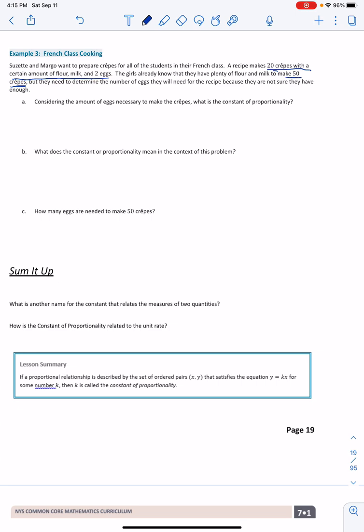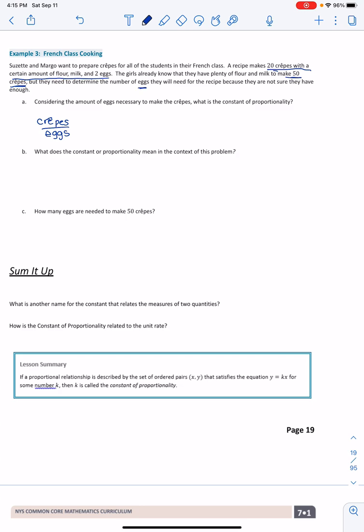Consider the amount of eggs necessary to make crepes. What is the constant of proportionality? Well, notice what it says up here. A recipe makes 20 crepes with 2 eggs. So, eggs and crepes, because we need to know the number of eggs that they will need.